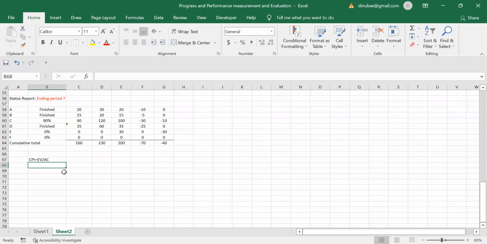So what is the earned value for the ending period 7? Earned value is 160. So earned value divided by actual cost. Actual cost is 230. So what is the value of CPI?